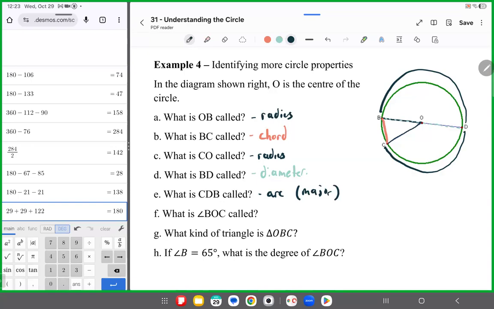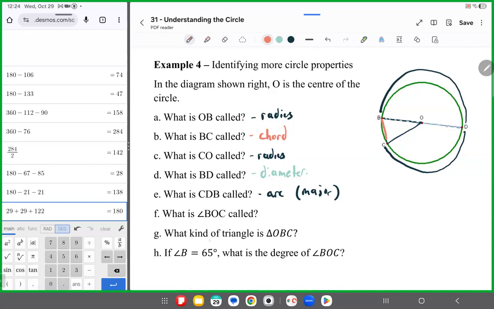If we had talked about, say, CBD, if we had another point on this side, that would be another arc as well, but that would be the minor arc. So CDB all the way around is called a major arc.